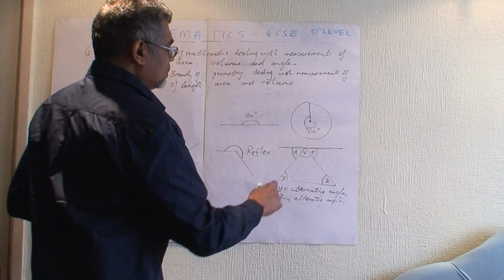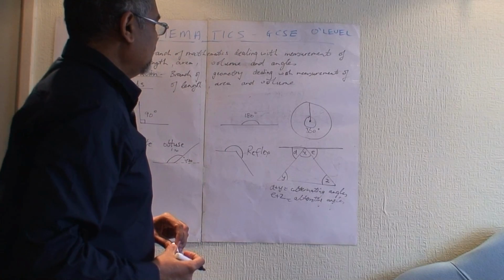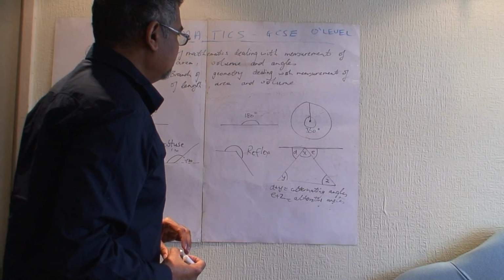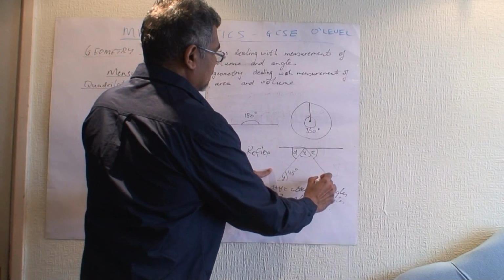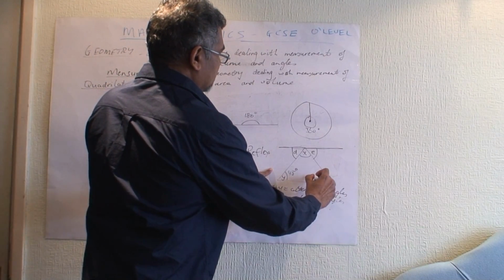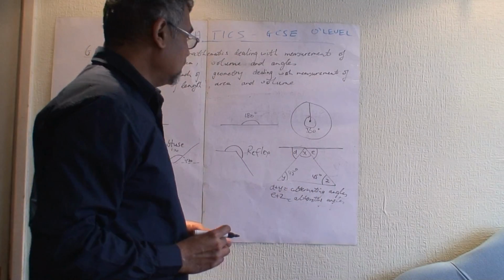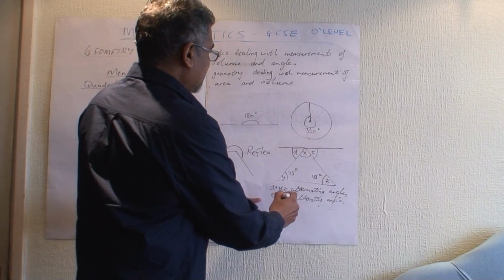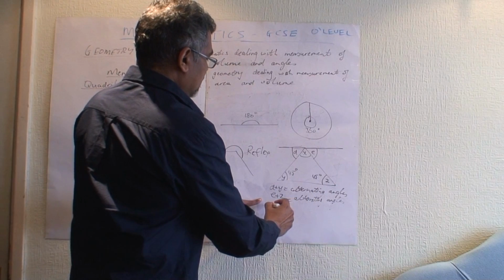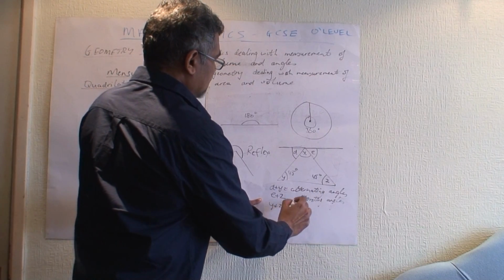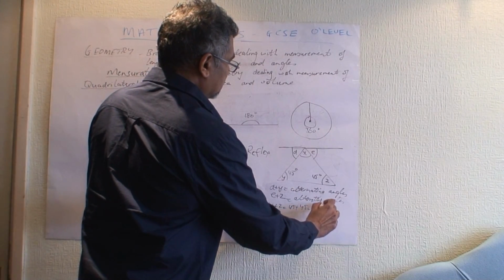Now, we don't know the value of x. But let's say this angle Y is 45 degrees and Z is 45 degrees, and we don't know the value of x. We add Y and Z: 45 plus 45 is equal to 90 degrees.